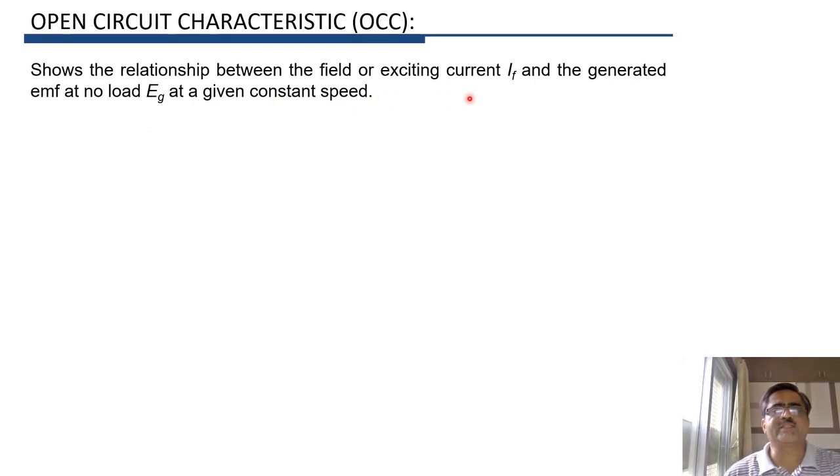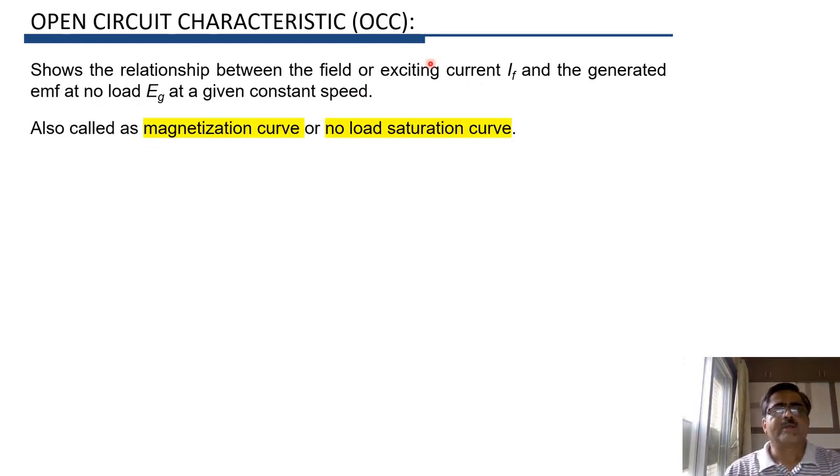On the x-axis there is field current IF, and on y-axis there is terminal voltage at no load, which is nothing but EG. This characteristic curve is also called as magnetization curve or no load saturation curve.